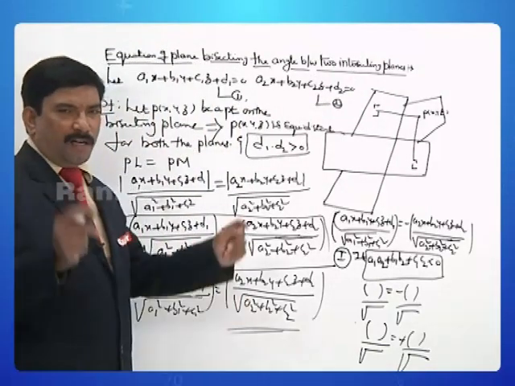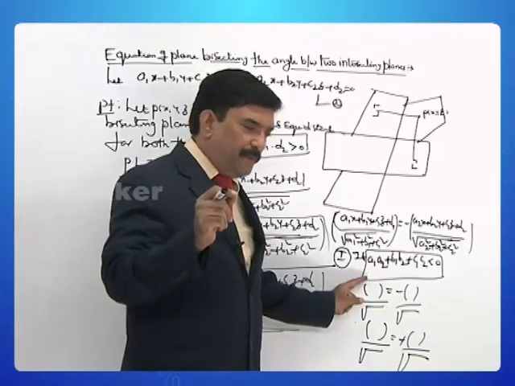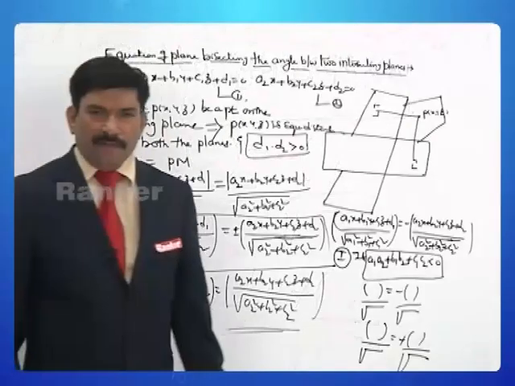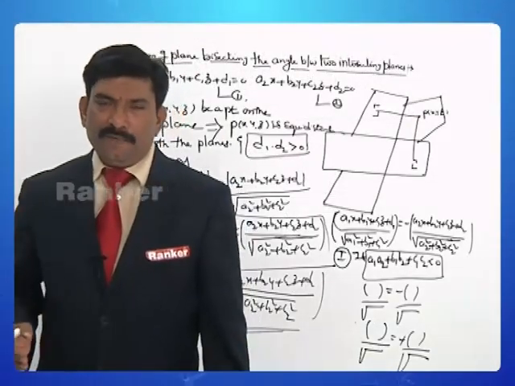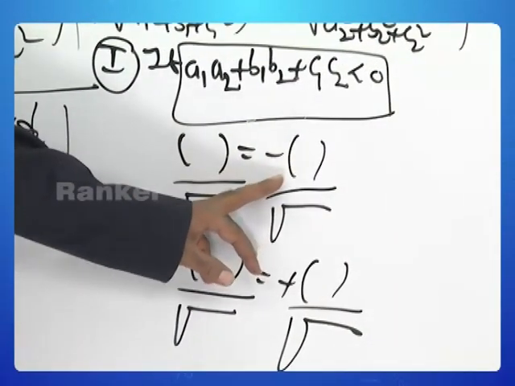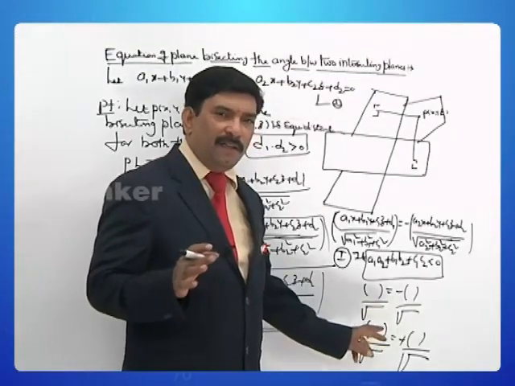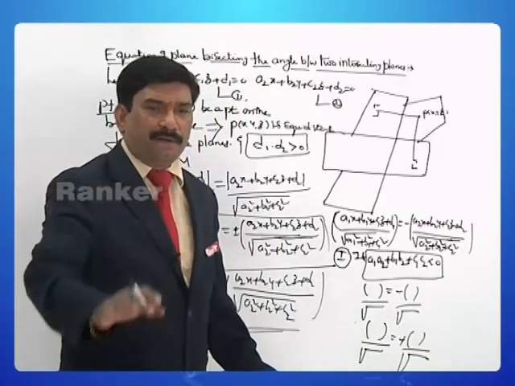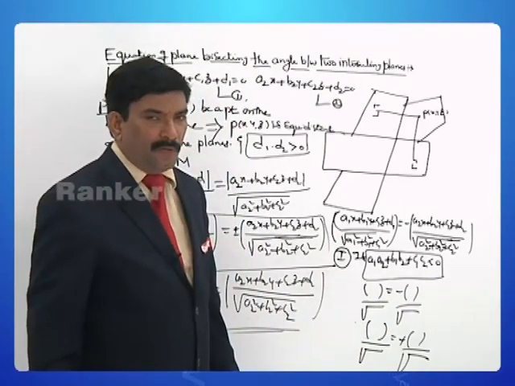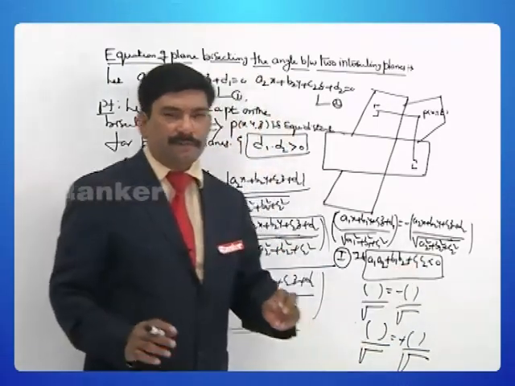So under the umbrella of A1A2 plus B1B2 plus C1C2 less than 0, the equation of the acute bisector is with the minus sign, whatever sign is there, the same sign comes, and it is the bisector containing the origin. Next, the equation of the obtuse bisector is quite the opposite to it.